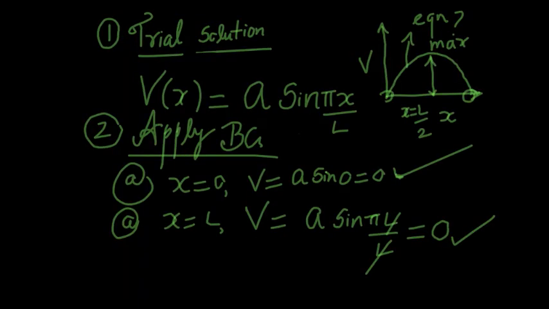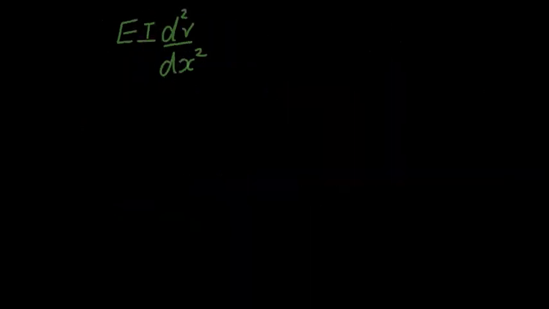What is the third boundary condition? Third boundary condition is bending moment, which is EI into d square v by dx square. What about that boundary condition? Well, you look at the trial solution, you differentiate it 2 times, find the value of EI into d square v by dx square.